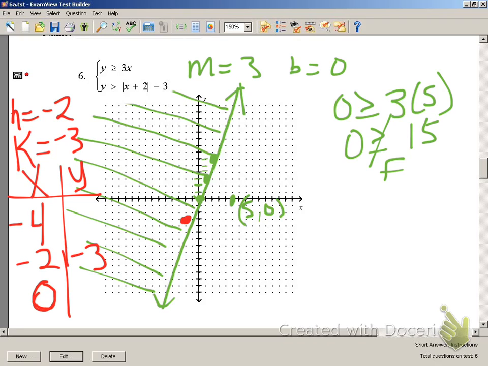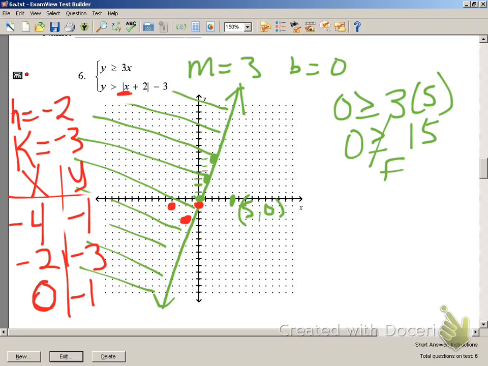If we plug in 0, ooh, that's wrong, sorry. If I plug in 0, I get -1, so that gives me the other points. So at -4, I'm at -1. At 0, I'm at -1.